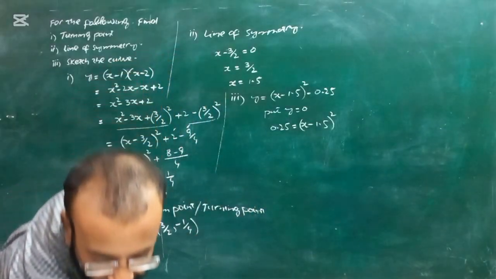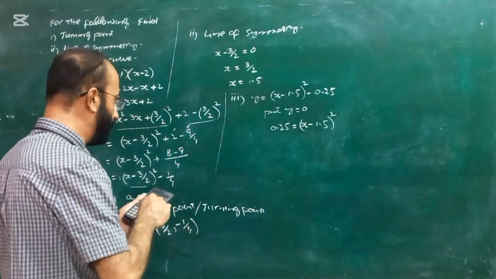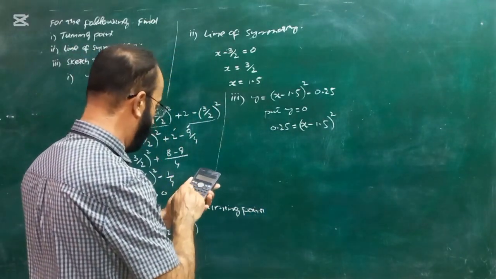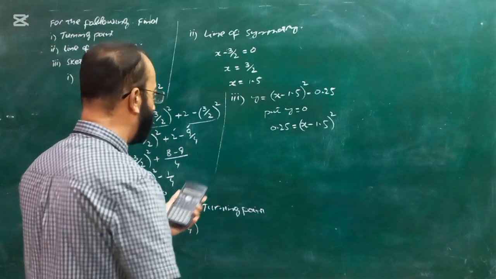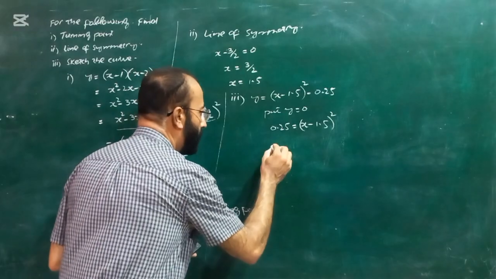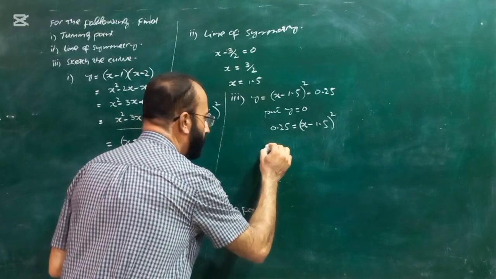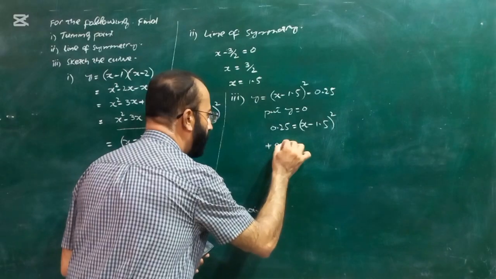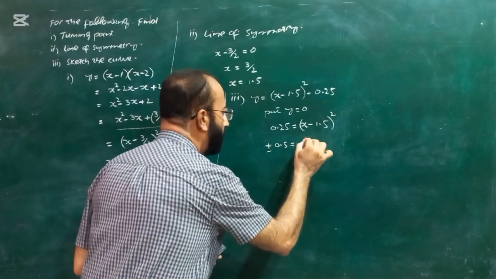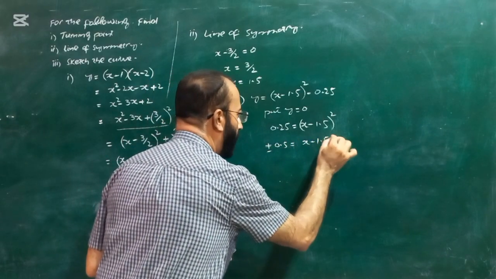So take the square root of both sides. The square root of 0.25 is 0.5, so plus minus 0.5 is equal to x minus 1.5.